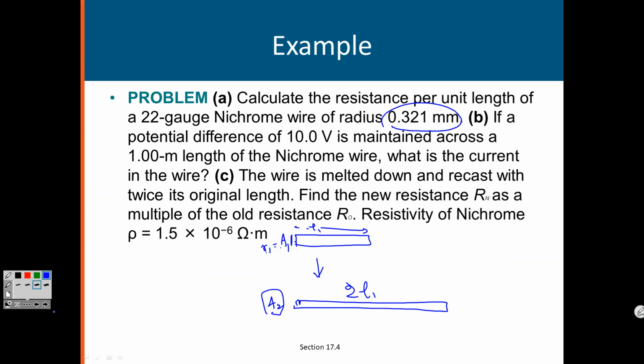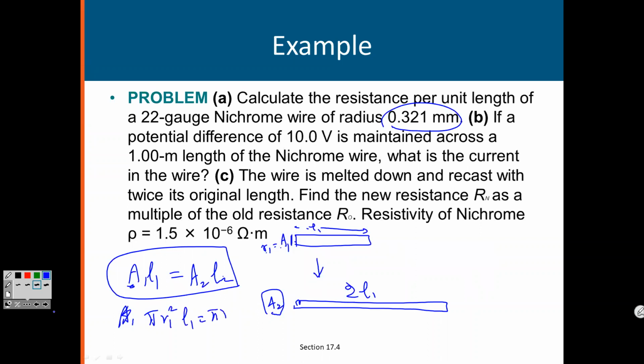Yeah, now I told you it is the same volume, right? So that means A1 L1 is the volume of the first case and A2 L2 is the volume of the second. We can say A1 L1 is equal to A2 L2. So this is the common sense I'm talking about. The new volume is equal to the old volume, and you know that L2 is twice L1. So I can write pi R1 squared L1 equals pi R2 squared L2.